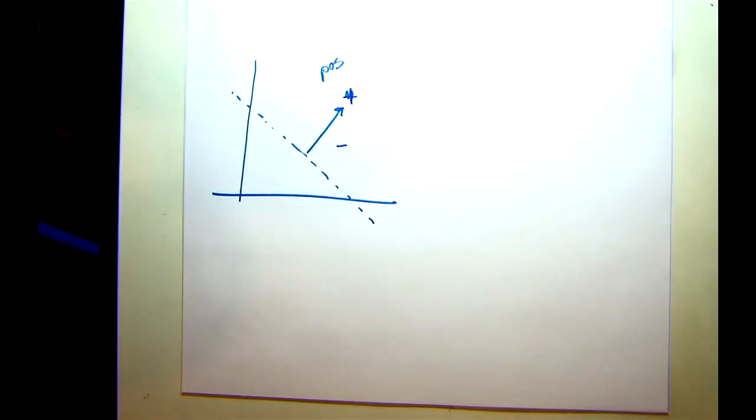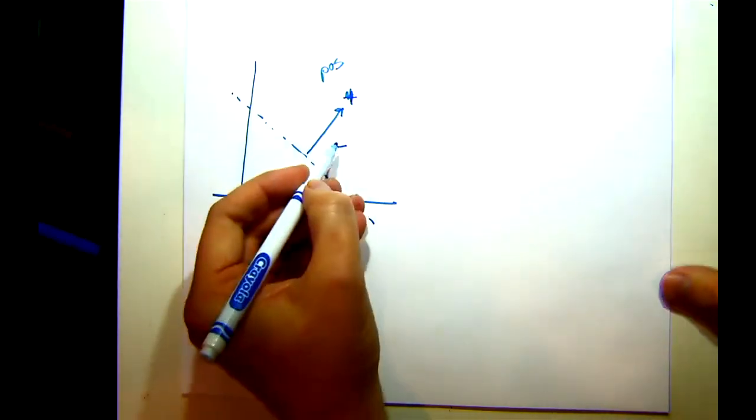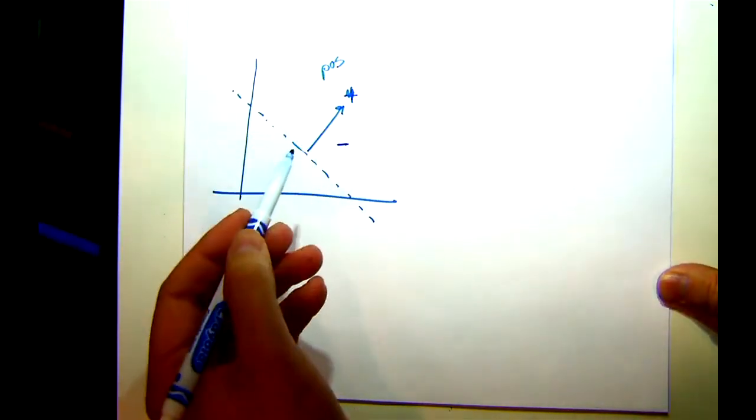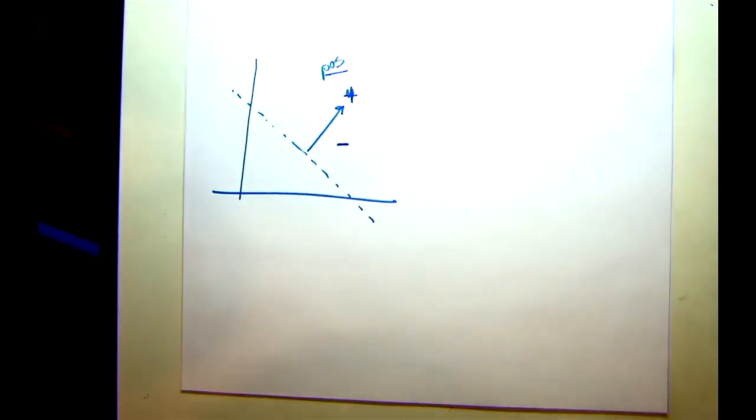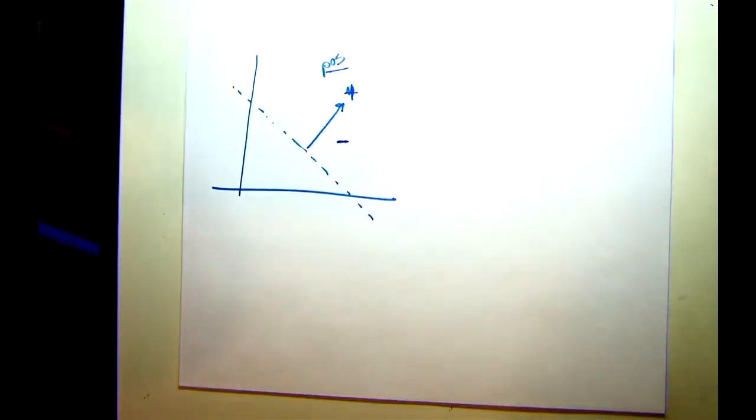So this is something where the sign is incorrect. Basically, I predicted it as a positive, it should be a negative. I want the cost to be high. Same thing if I had a positive over on this side and I predicted it as negative, I want the cost to be fairly high.